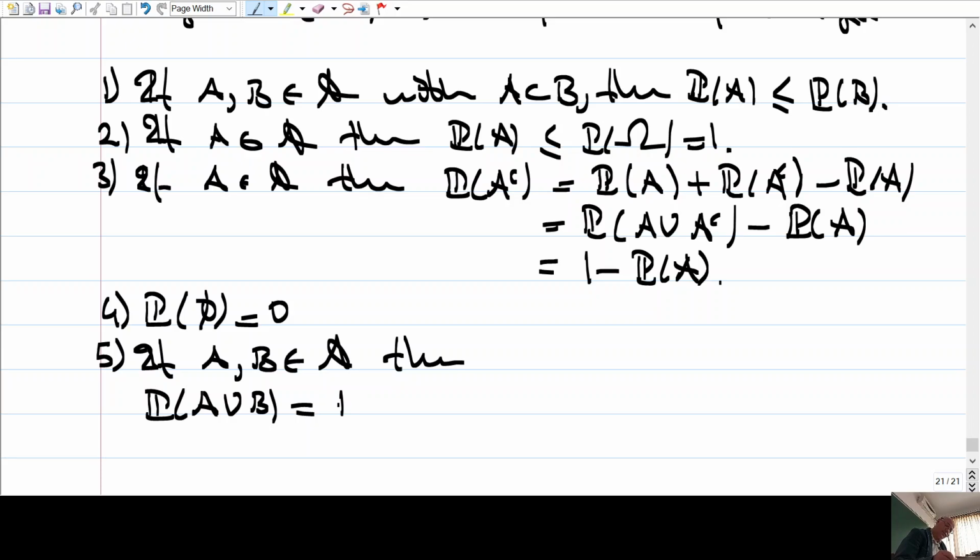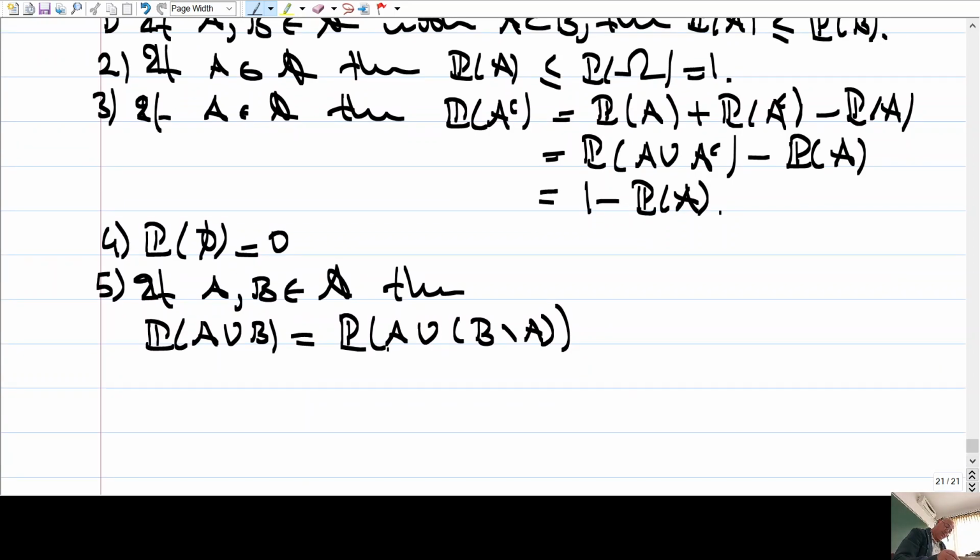I guess this can be written like this: A union (B minus A), and this is a disjoint union, right? So this is just the measure of A plus measure of B minus A.